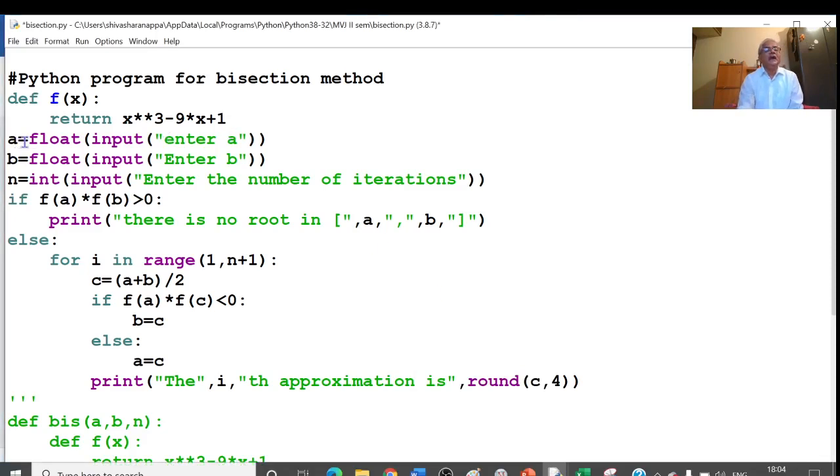Next, I am inputting the value of a here: float input enter a. I am inputting b: float input enter b. I am inputting the number of iterations. n is an integer here: int input enter the number of iterations.